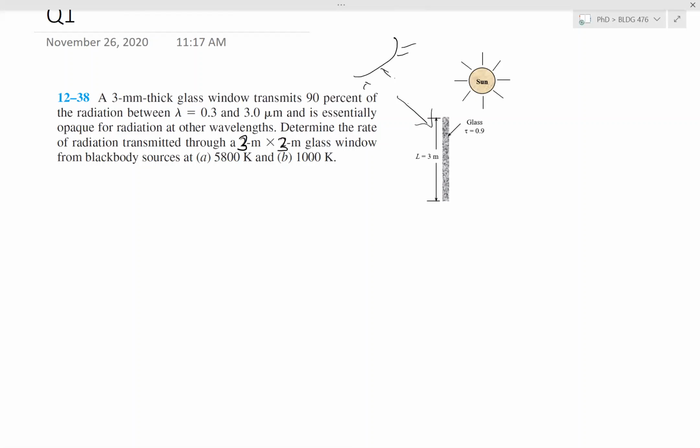The way we're going to solve this is we find our total emissive power, find what fraction is between these wavelengths, and then take 90% of that, which is the amount actually getting inside. We'll start by calculating the area of the window, 9 meters squared, 3 meters by 3 meters.